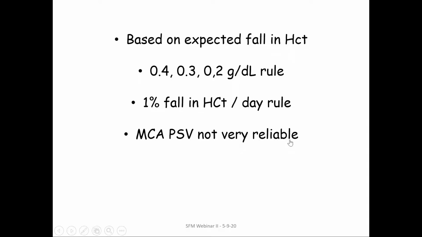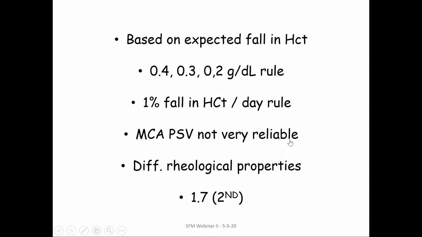The dimensions, the size, the viscosity, the thickness, the blood flow speed, everything is going to be different after you've done the first transfusion. The stickiness of the blood is different, and therefore the middle cerebral artery peak systolic velocity would not be a reliable indicator of fetal anemia after you've given the fetus one transfusion prior.